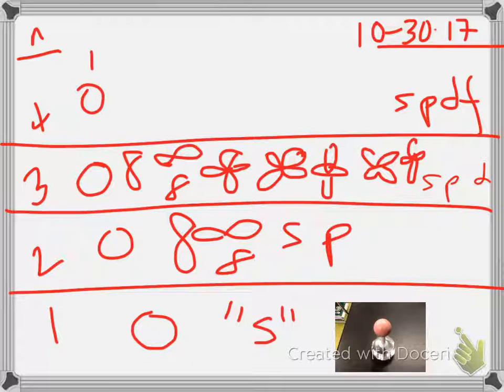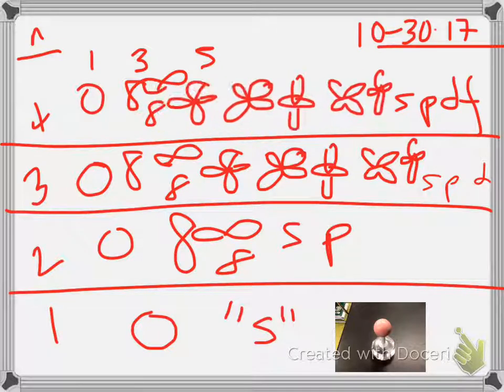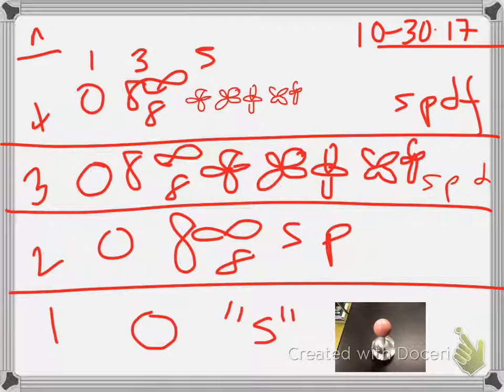So we get 1 S. How many P's? 3 P's. 5 D's. I shouldn't even try to draw this. I should just do this. How many F's do you suppose we get if you were a betting kind of person? 7! There seems to be a pattern.